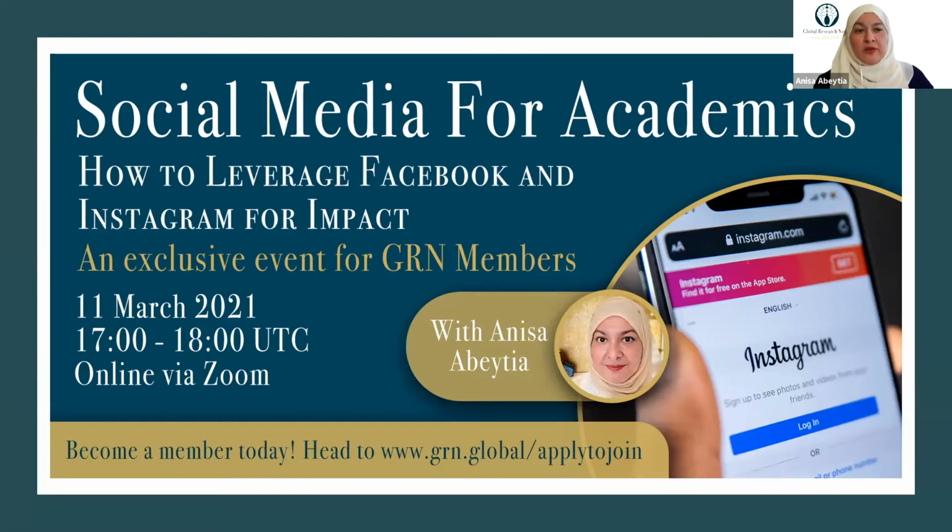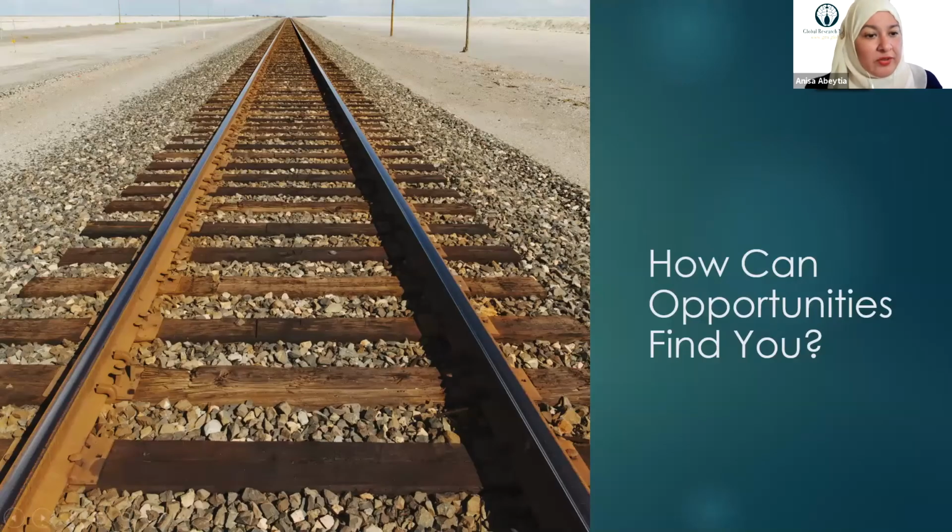So we'll start. Today we're going to talk about how to use Facebook and Instagram for impact, either for sharing the research or reaching audiences that are beyond other researchers and academics. How can you find opportunities?